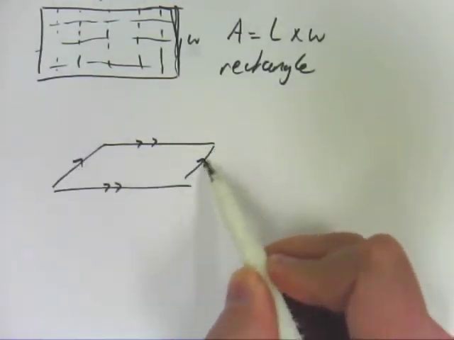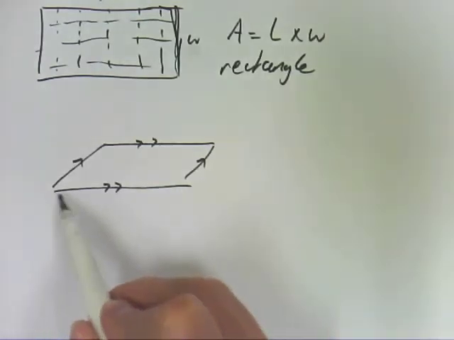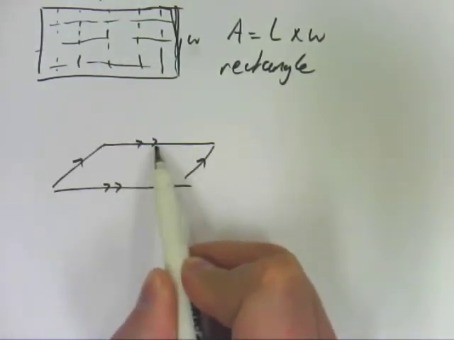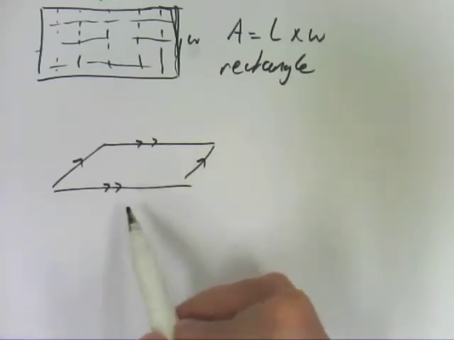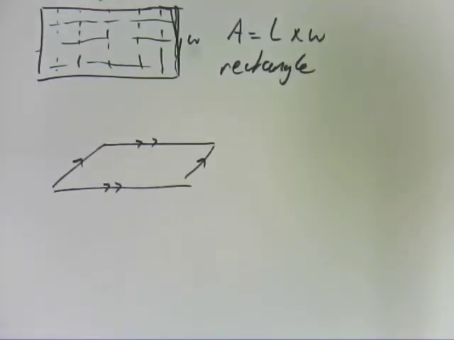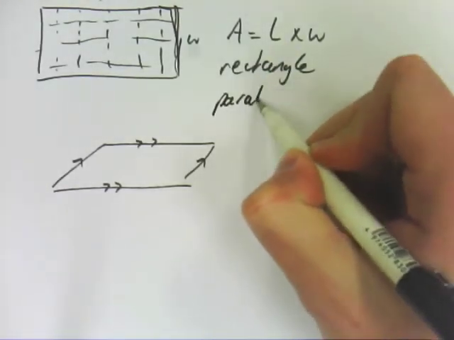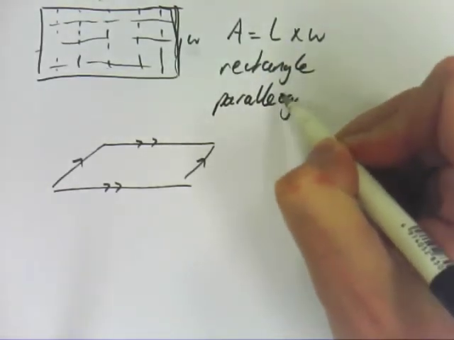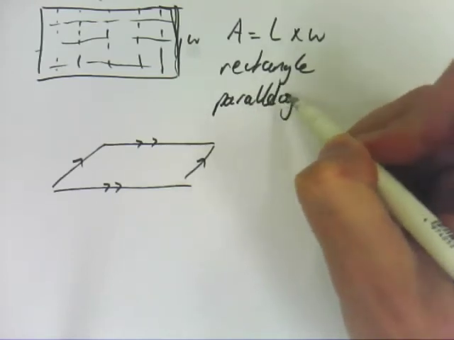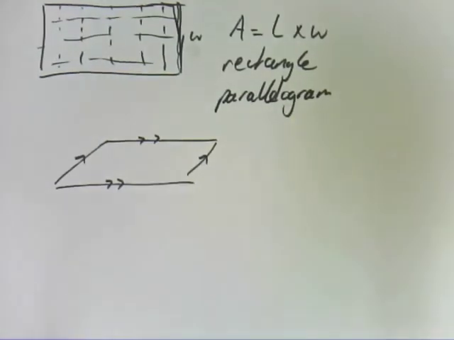These single arrowheads mean that these two lines are parallel and will never touch, and these double arrowheads mean that these two lines are parallel and will never touch. Now there's a really neat trick you can do here, which will explain why the area of a rectangle and the area of a parallelogram use the same formula.